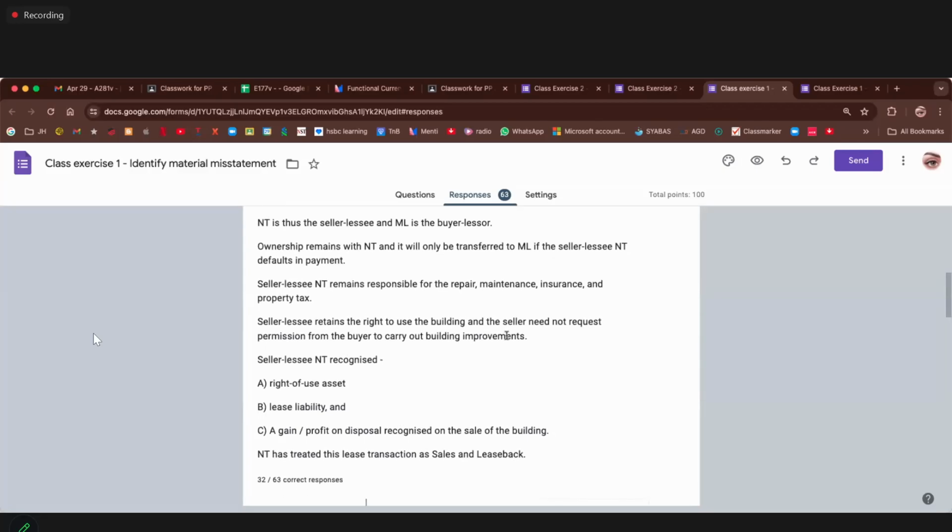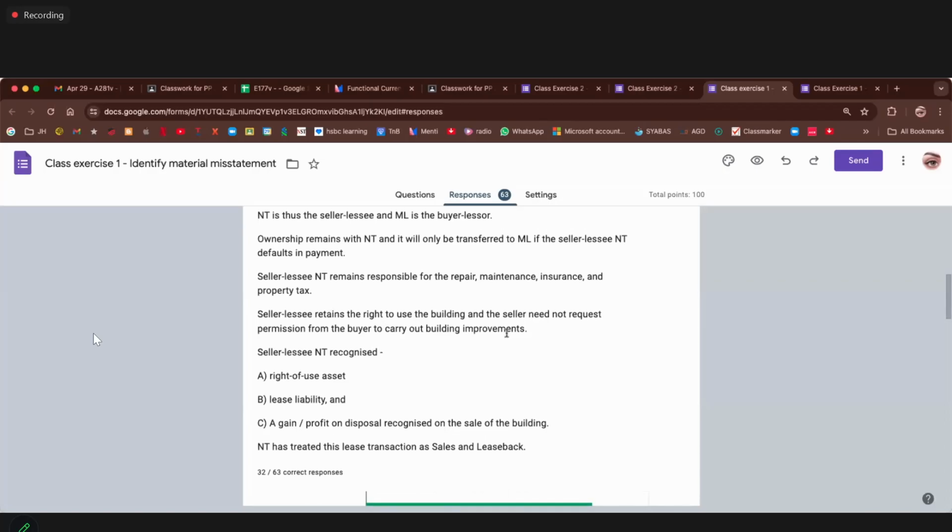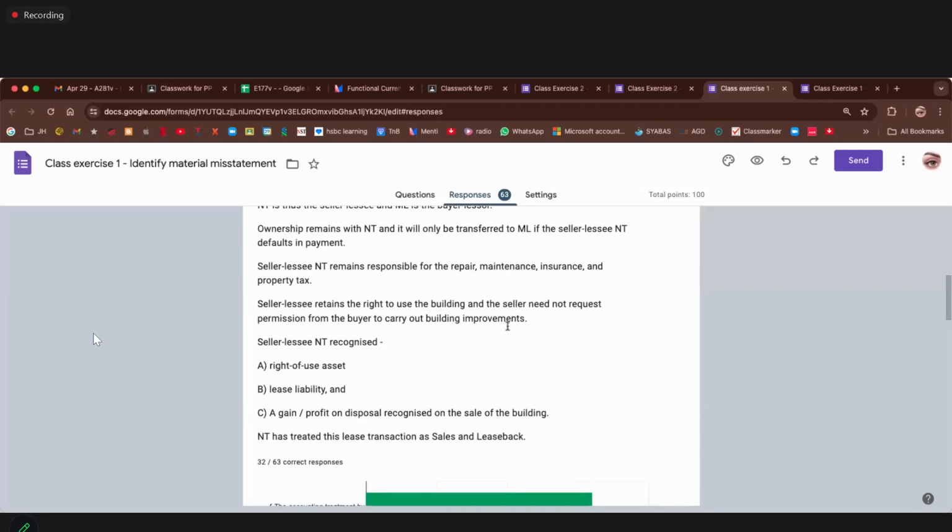Seller-lessee retains the right to use the building, and need not request permission from the buyer to carry out building improvements. Seller-lessee NT recognizes a right-of-use asset, a lease liability, and a gain or profit on disposal in that sale of the building. That is why NT has treated this lease transaction as sale and leaseback.